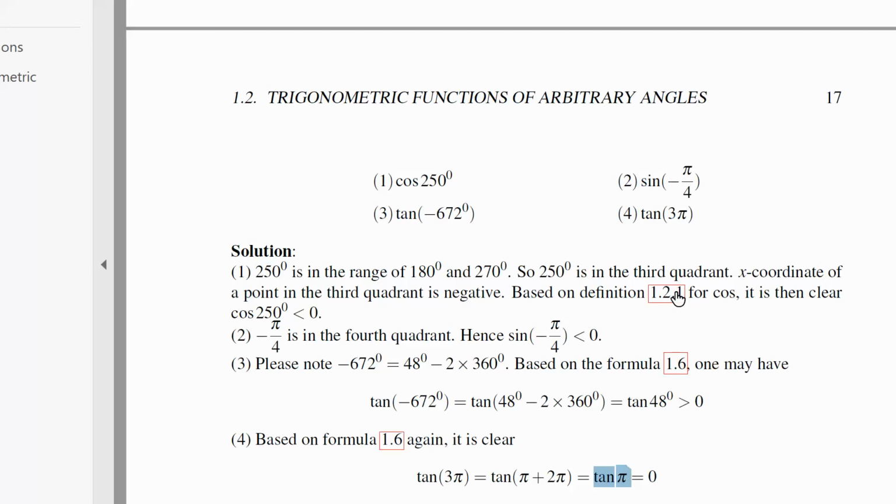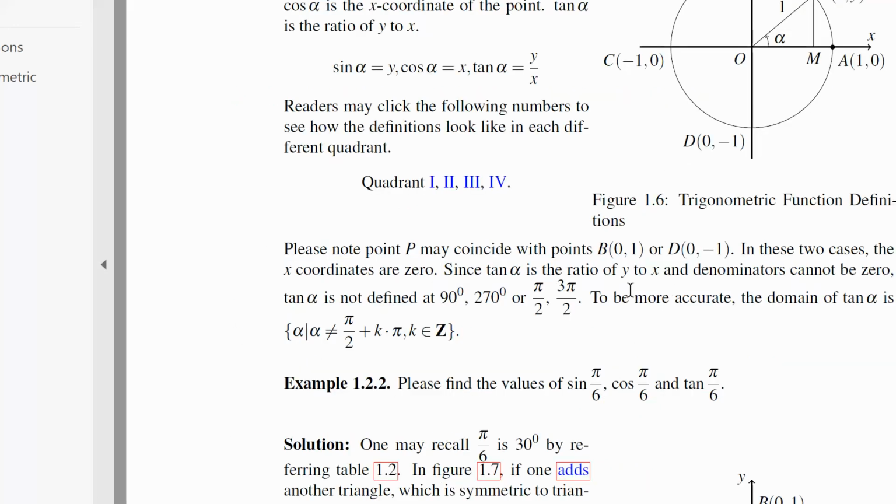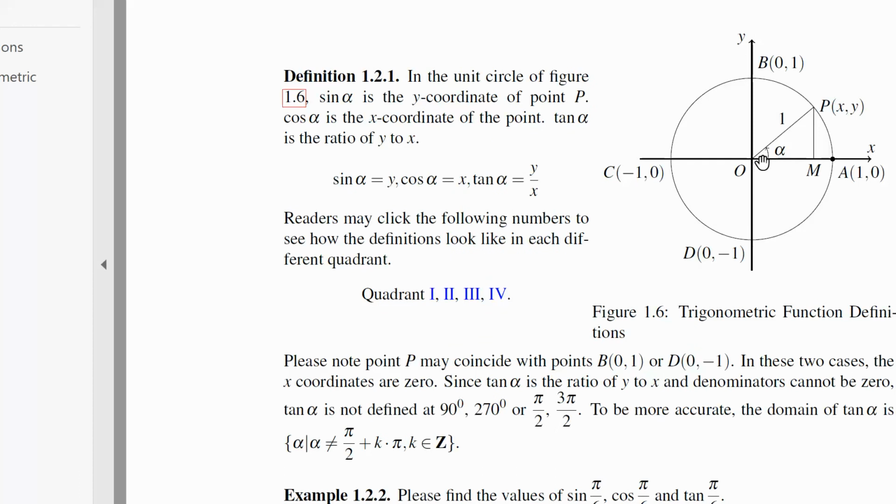We may go back to see the definition. A straight angle is 180 degrees. Basically, we want to consider point C in this case. And in this case, x is negative 1 and y is 0. So y over x is 0 over negative 1, which is 0.